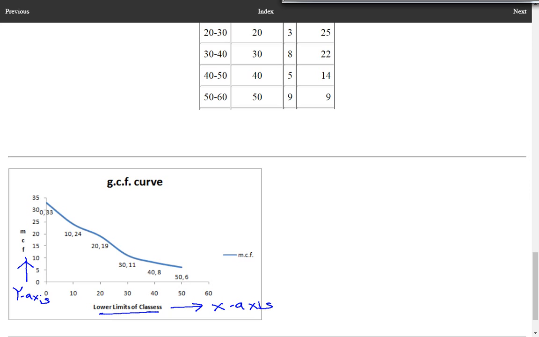So this is the point 50 and 9. Lower limits and more than cumulative frequencies are plotted in this fashion, and it is a decreasing curve. The GCF curve is also called the more than ogive curve. Okay, thank you.